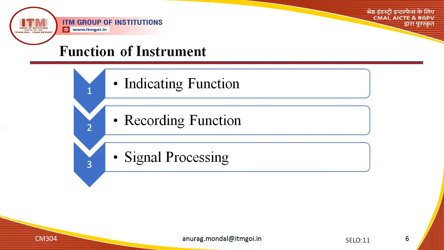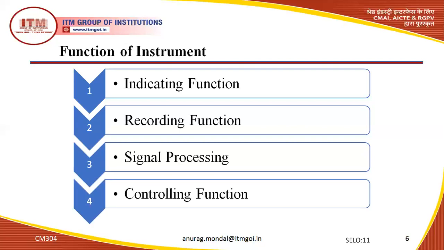Signal processing: as I told you in the previous slide, after converting the measured quantity into voltage or current form, we need to process that voltage or current into a particular range. So the signal processing unit should be there, to check whether that particular voltage or current is within the desirable range or not, and we need to process the signal. And at the end, we have the controlling purpose.